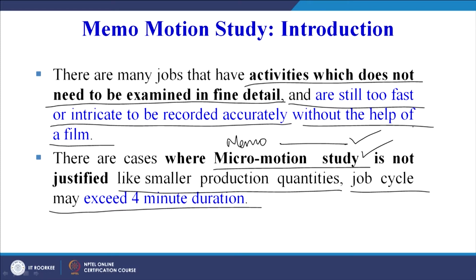Where it is not justified? Where the job cycle may exceed 4-minute duration or the production quantities are very small, maybe a very small number of parts have to be made. There we may not like to go for a detailed micro motion study. Only a memo motion study may help us to find out the better method for doing the job.